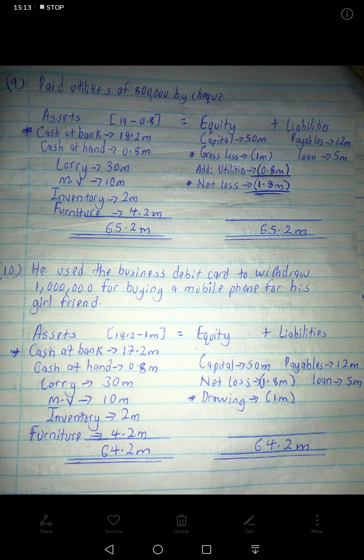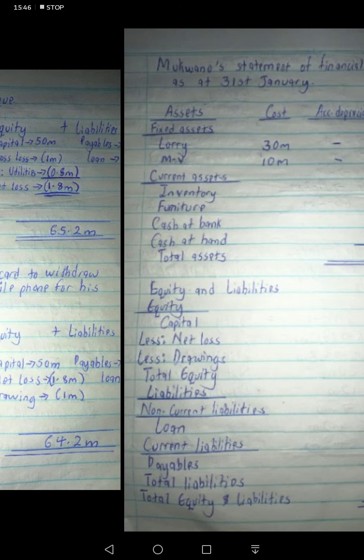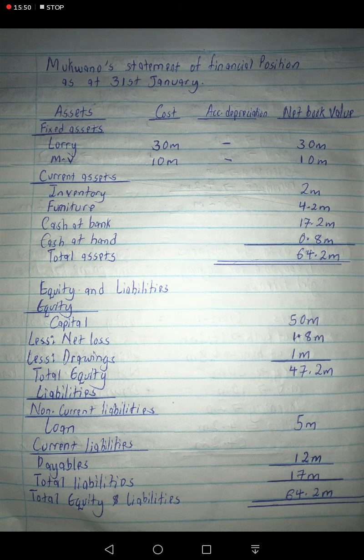When we get equity of 50M, then minus 1.8, and then minus 1 million, then plus 12M, then plus 5M, we are going to be landing on 64.2M.